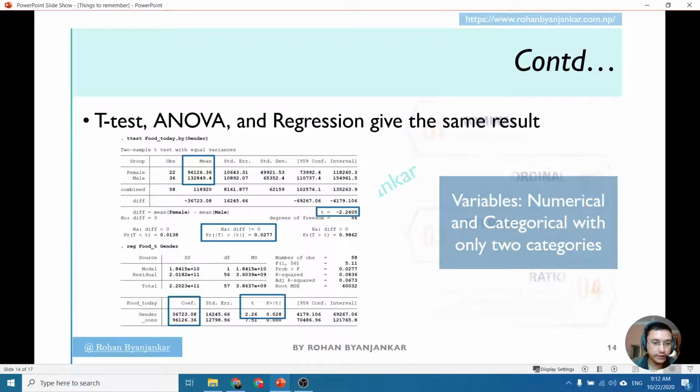Its t value is 2.26, and the sign of the t value does not matter, so the t value is identical. And now let's check the level of significance or p value. It's 0.028 in the regression analysis, while it's 0.0277, which is equivalent to 0.028. So the results are the same.